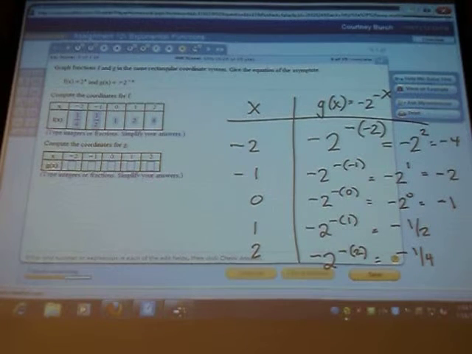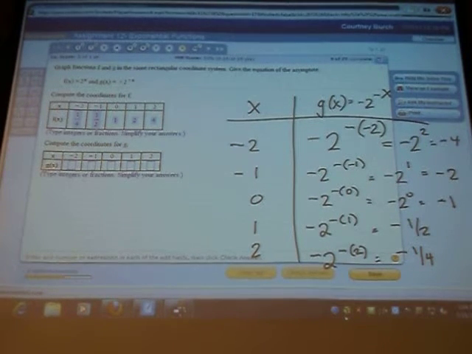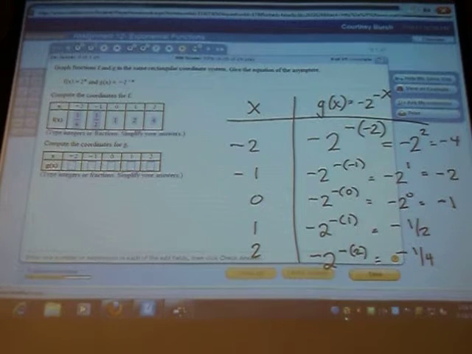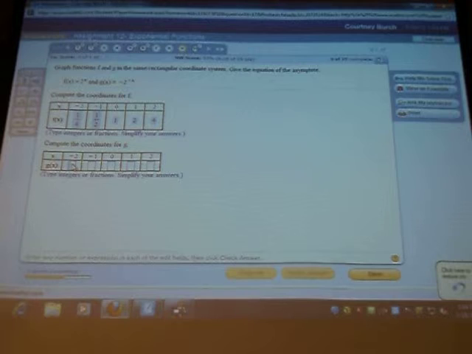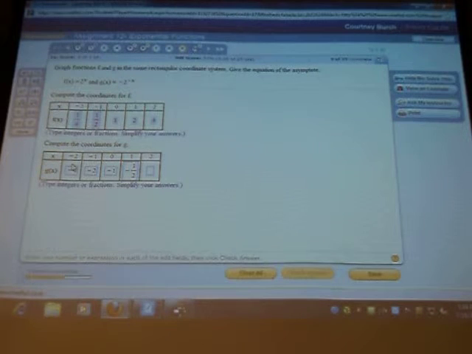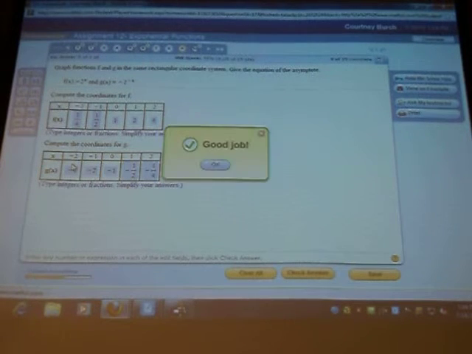Yours would be 9. These should all be negative, because you've got the negative in front, it's going to make all your answers negative. No, it doesn't help.